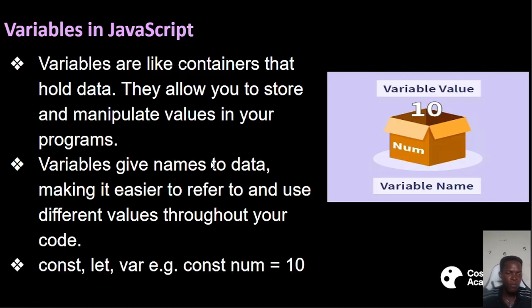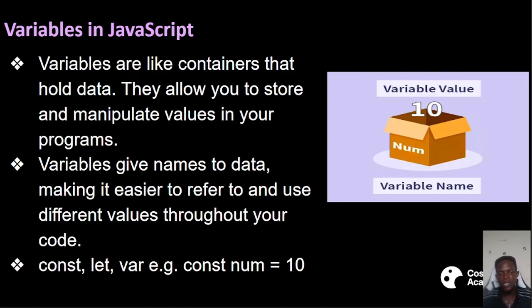So you can see an example now. In JavaScript, like I said, it's all about syntax. When we talk about how you declare a variable, you either use const, let, or var. In this example on the screen, you see something like const num, which is like number, equals 10.